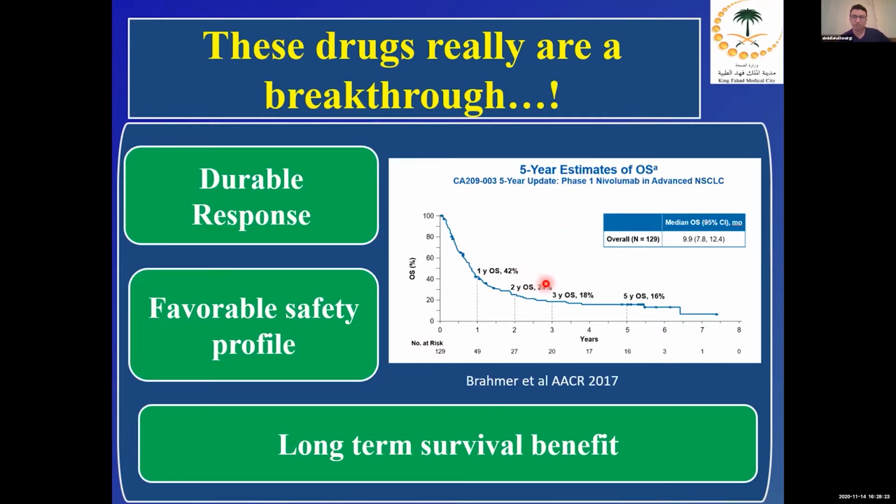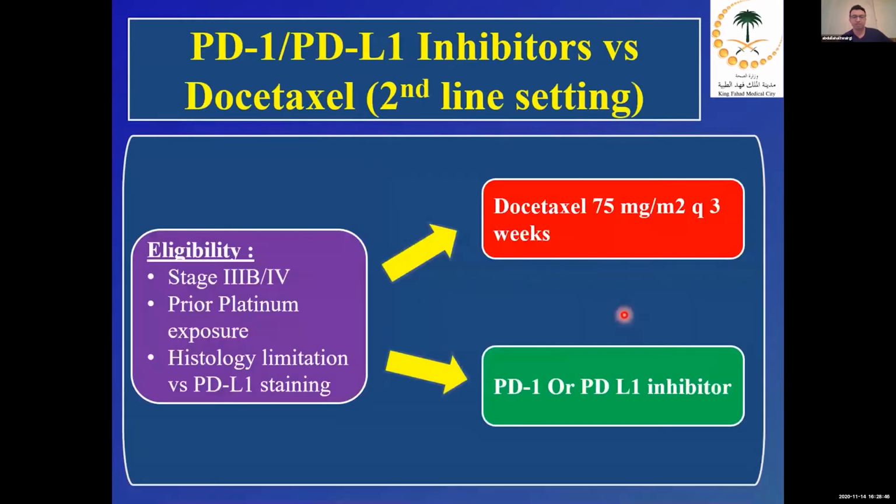We saw that more than 15% of patients were alive at 5 years. This isn't something we have seen before; less than 5% of patients with advanced metastatic non-small cell lung cancer would be alive at 5 years. So 15% or more is something we haven't seen for decades.